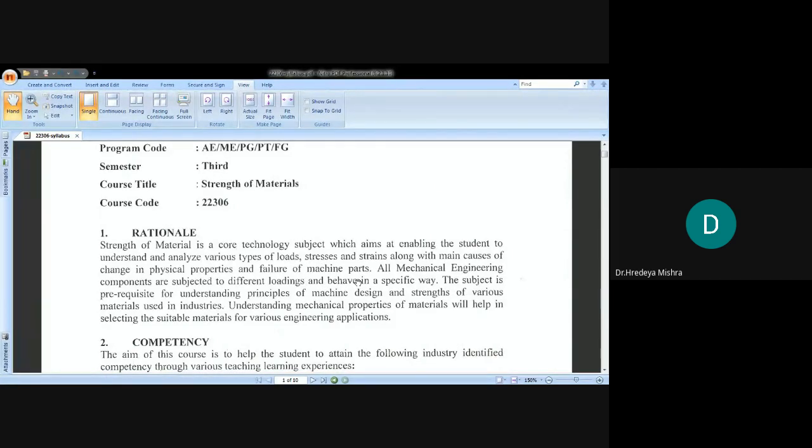One more important thing: machine parts, or machine components. We deal with machine components because mechanical engineers created different types of machines which make their work easy. So what is a machine? A machine is an instrument or a device which reduces human effort.